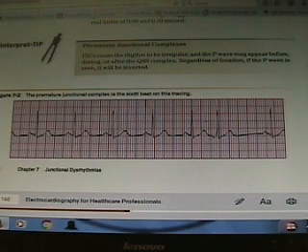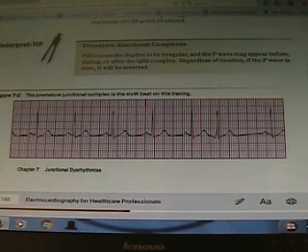But when you look at this beat, it's only slightly irregular. But what's wrong with this is, if you look at this, that's P, Q, R, S, T, right? This one, P, Q, R, S, T. Good. P, Q, R, S, T.